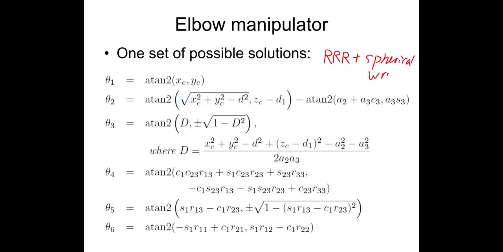Okay, so the first 3 joints we calculated from the geometry, and the remaining 3 we calculated from the 9 equations and 3 unknowns. Again, what we're doing here is calculating the closed form solution.